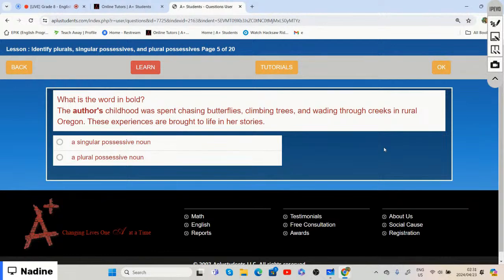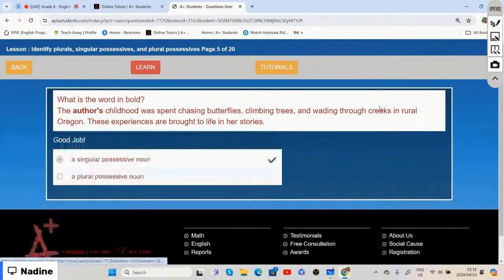If we choose the correct one, we can say it is the singular possessive noun. Yes, so well done.